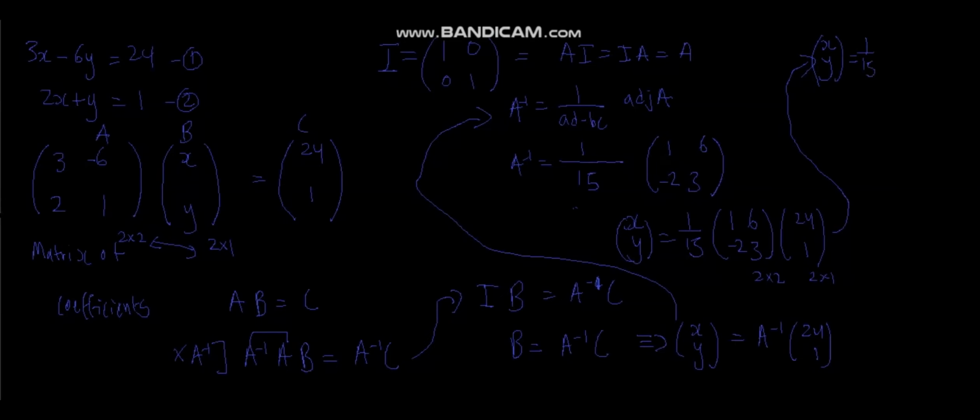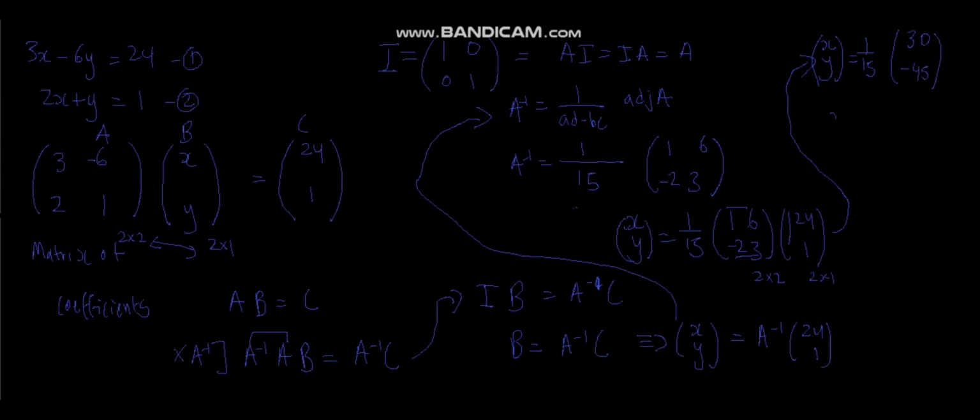Now row by column. So we get row 1 by this column, so 1 by 24 is 24, plus 6 by 1 is just 6. 24 plus 6 is 30. And now this row by this column, minus 2 by 24 is minus 48, plus 3 by 1 is 3, minus 48 plus 3 is minus 45.